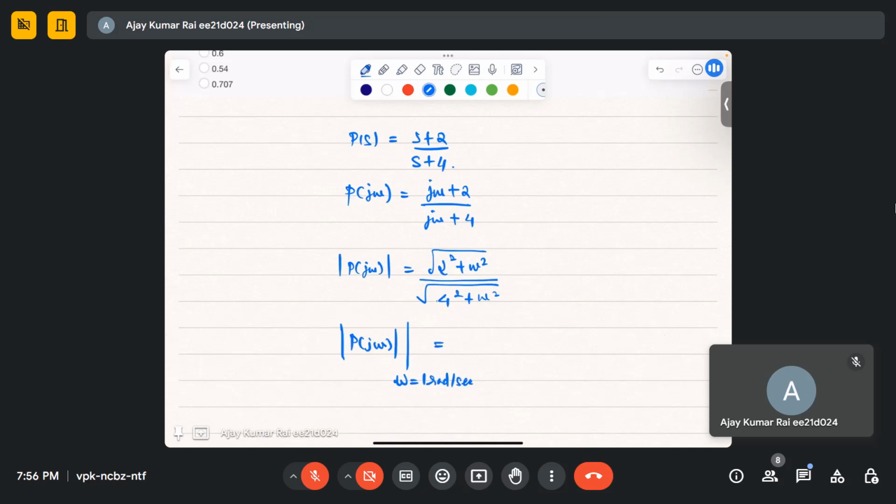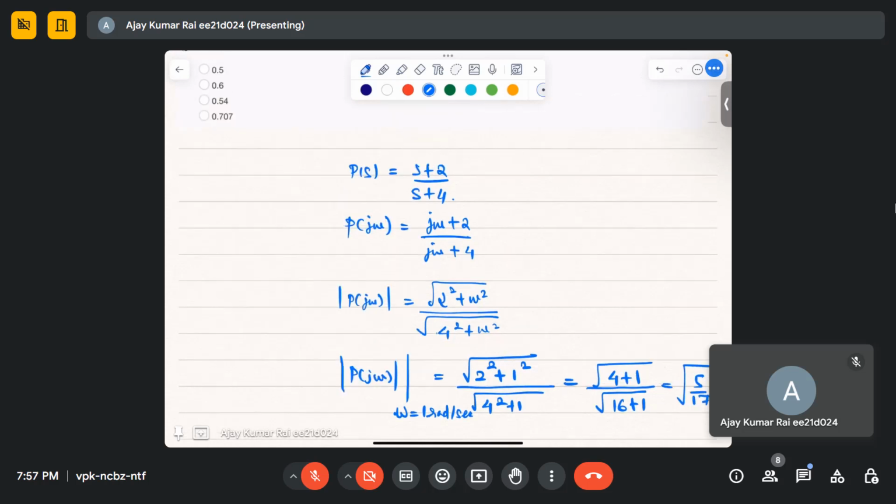So let's find out. Put omega equal to 1: 2 square plus 1 square over 4 square plus 1, that is 4 plus 1 over 16 plus 1. So it should be 5 by 17.